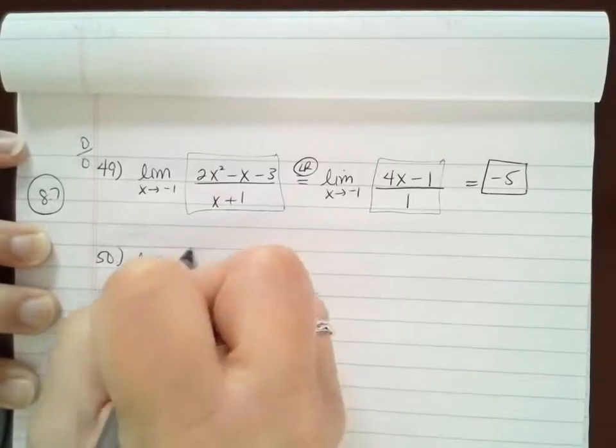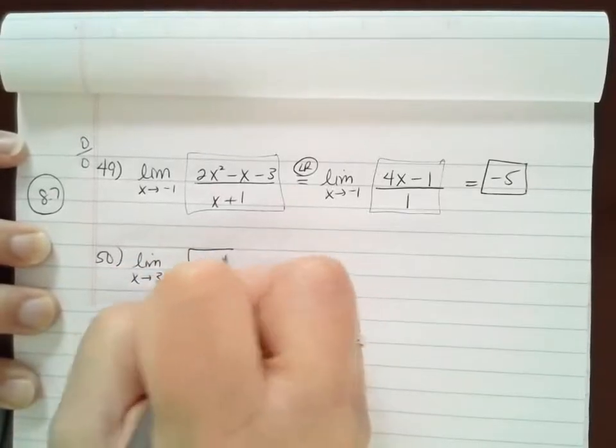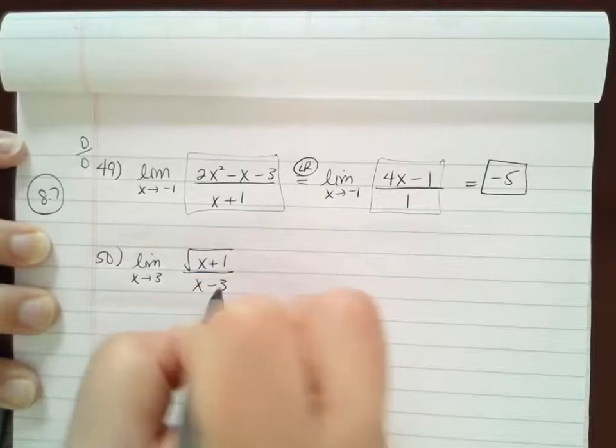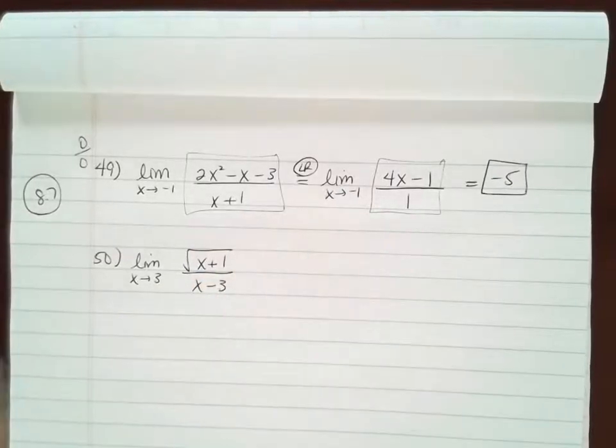We've got the limit as x approaches 3 of the square root of x plus 1 over x minus 3. If I plug in 3, I get the square root of 4 in the top, and I get 0 in the bottom. That would just be one of the infinities, but I'm going to change this. So if you're with me, by all means, I apologize, I should have had this done already. I want this to be 0, so that would have to be a 6.